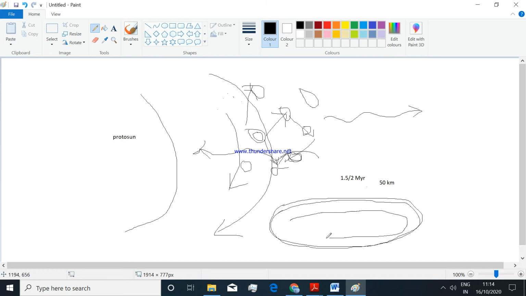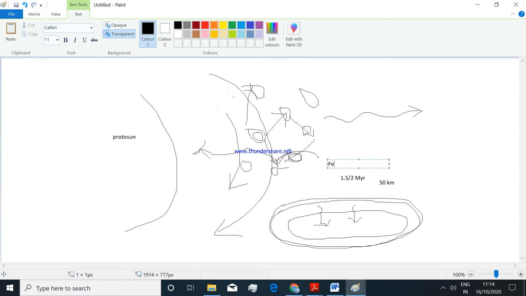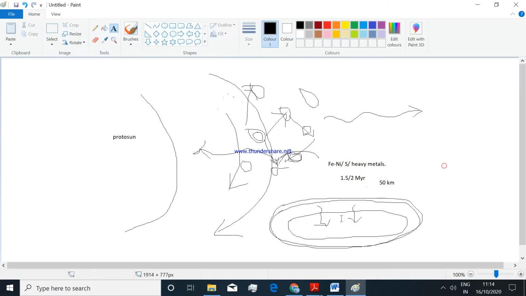Whenever the melting happens inside, some of the materials will sink to the core by partial melting, and elements like iron and nickel might form alloys with sulfur and other heavy metals. They will sink at the bottom, and some of the fragments will survive.